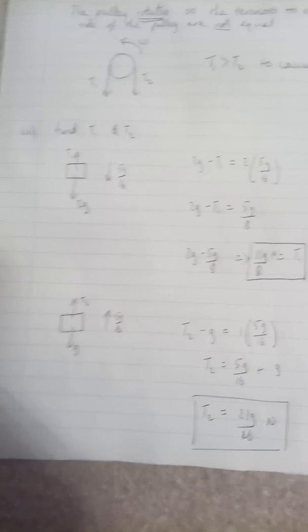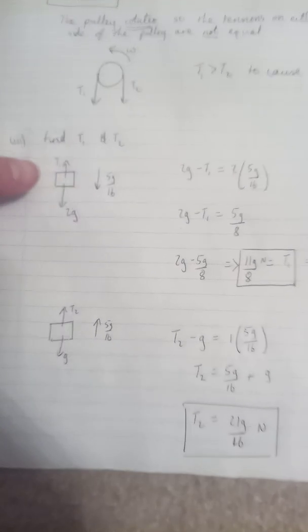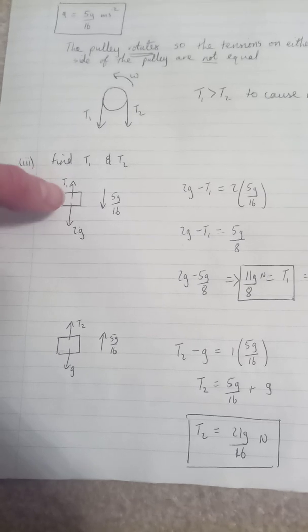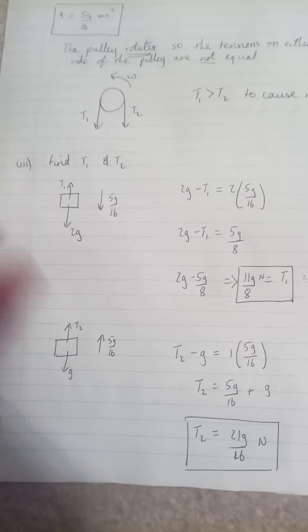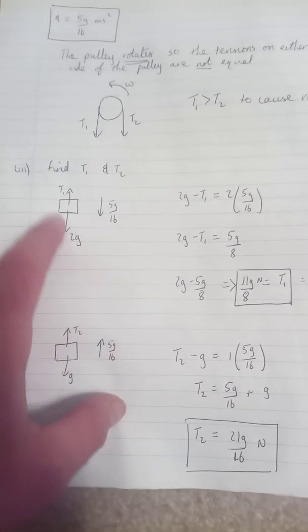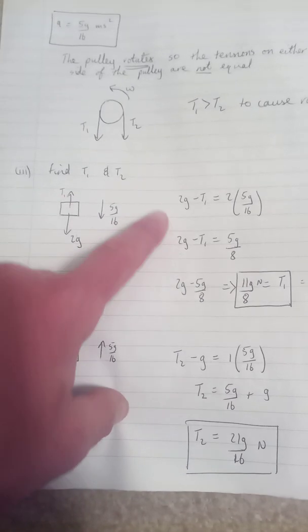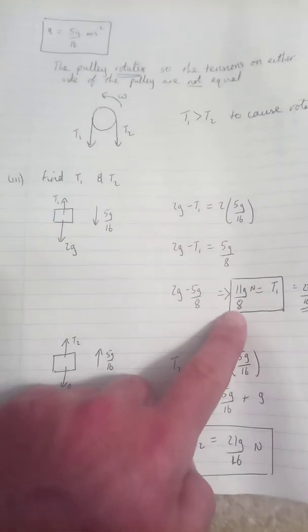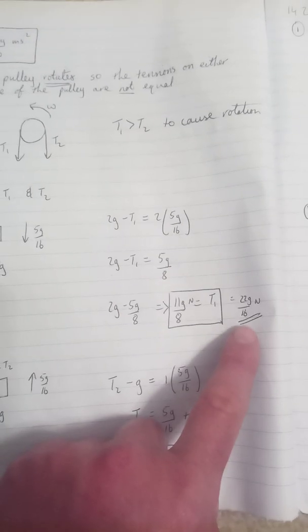Now you can apply the connected motions method to it. So on the left-hand side, I've said that there's a T1 up and the mass is 2, so it's 2g downwards. We already know the acceleration. So that minus that is equal to mass by acceleration. That's the first formula. Solve that and we get 11g over 8 newtons for T1, which I've written like that, just to compare it to the second tension.